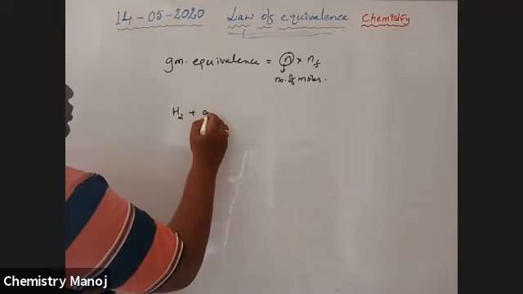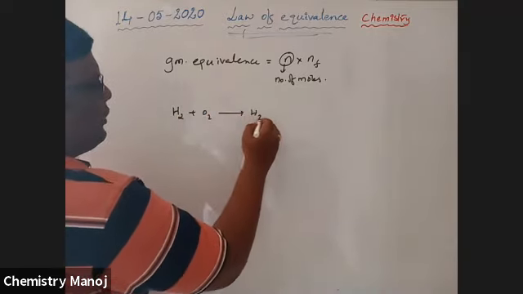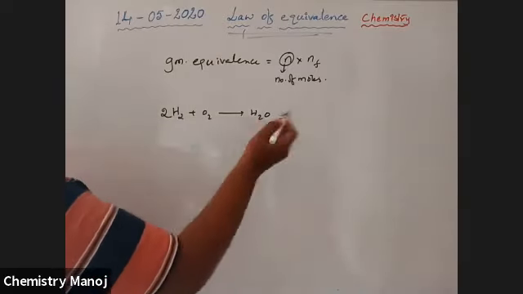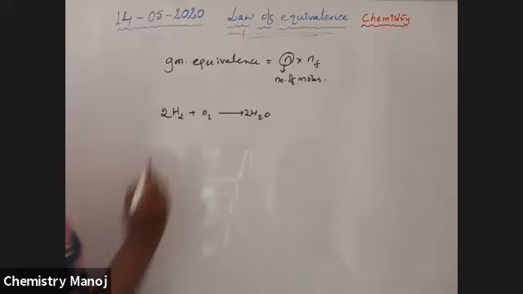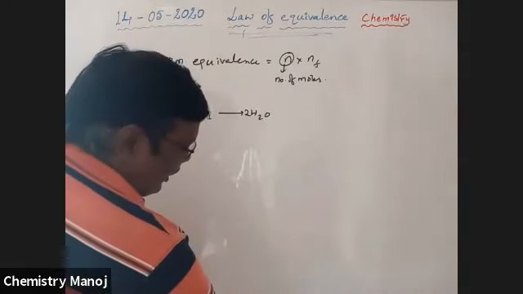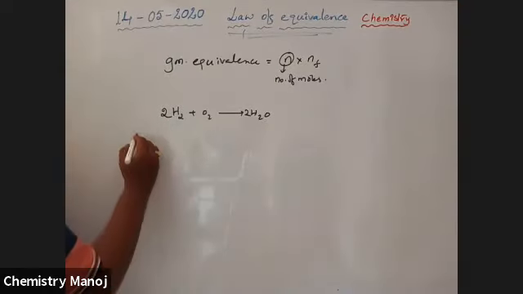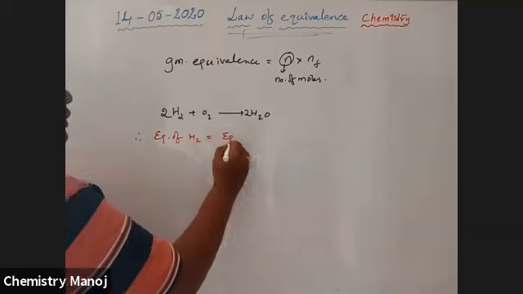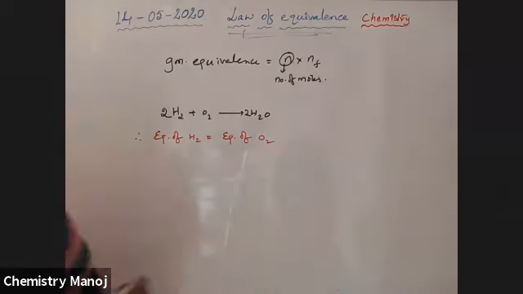Let us take a reaction. H2 plus O2 gives H2O. For balancing, 2H2 plus O2 gives 2H2O. Now, as per your concept, equivalence of H2 is equal to equivalence of O2, the reacting substances.